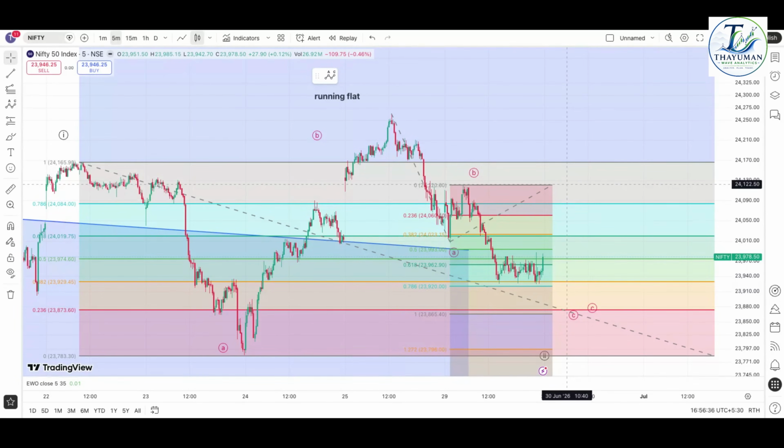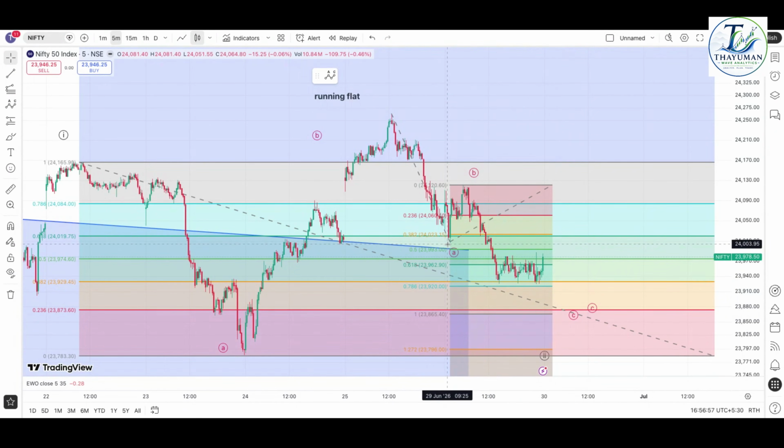That is one other assumption. Now we have two assumptions. One is that it has already started moving up for the next impulse, or there could be one last wave within B2C, a wave 5, to complete this zigzag.